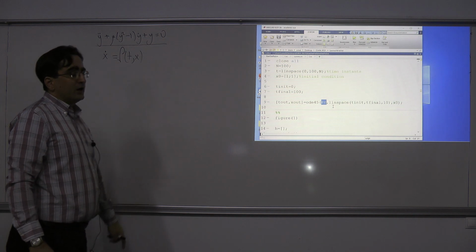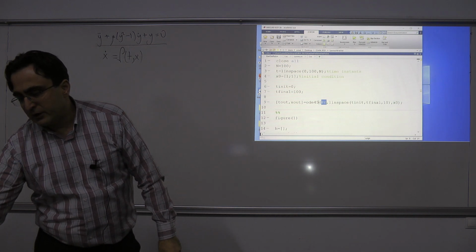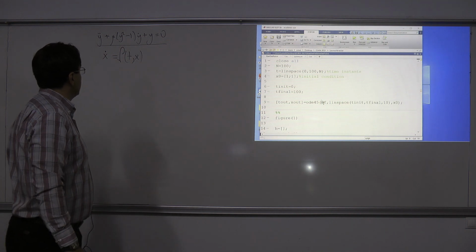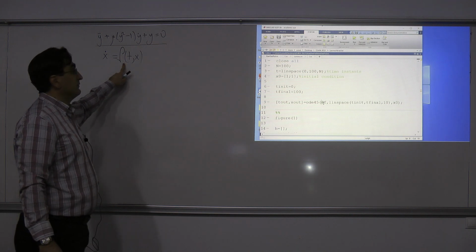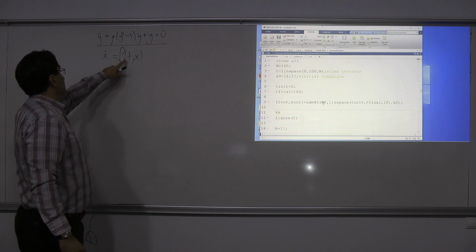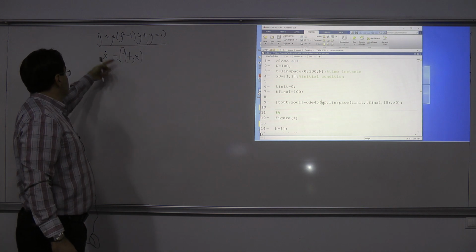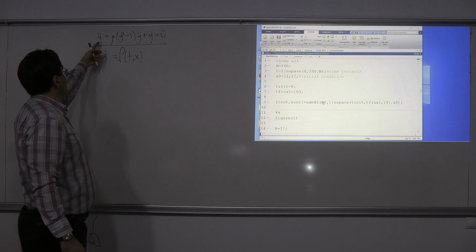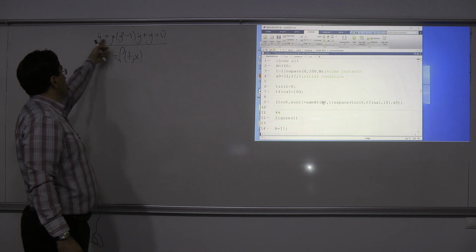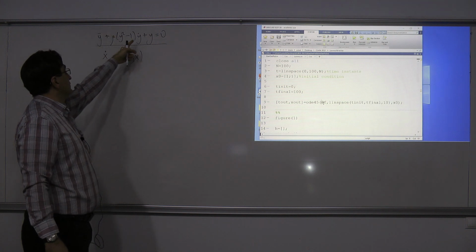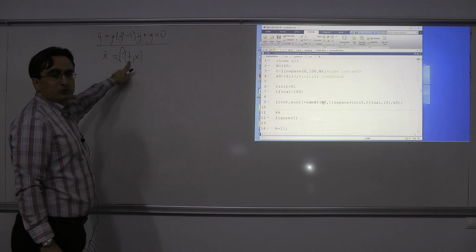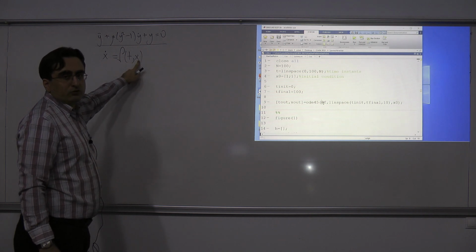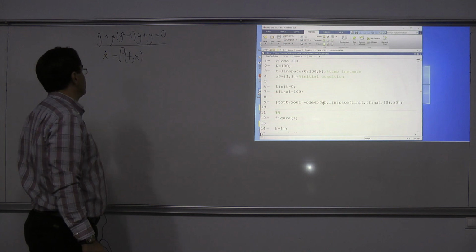And the first argument of the ODE function is this right-hand side of that differential equation, which is the function f. Okay? So here, this t means that if you want to solve a time-varying differential equation, where the coefficients might depend explicitly on time t, then you use this input t there. And the second input of the f function should be just x. Okay, that is the state.